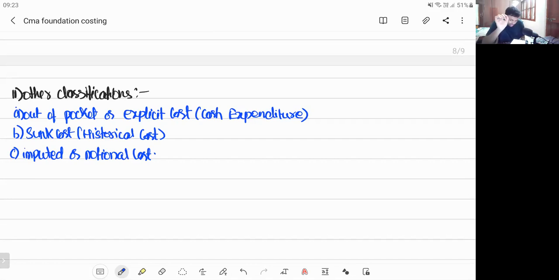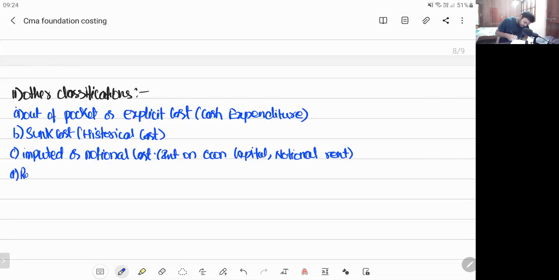If there is no cash outlay in this cost, it is called imputed or notional cost. Say, for example, interest on own capital. In accounting, you won't charge this, but in costing, you charge this notional rent. All these are called imputed or notional costs. The cost where there is no real cash outflow is called imputed or notional cost. However, be careful, depreciation is not imputed or notional cost.